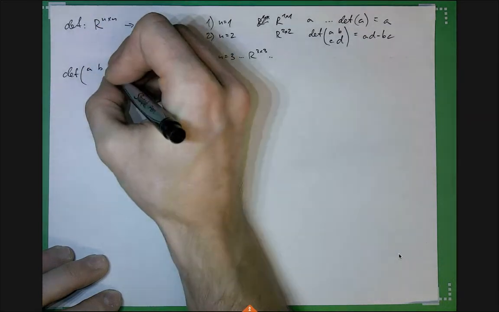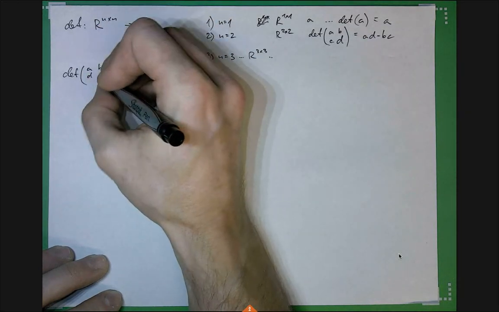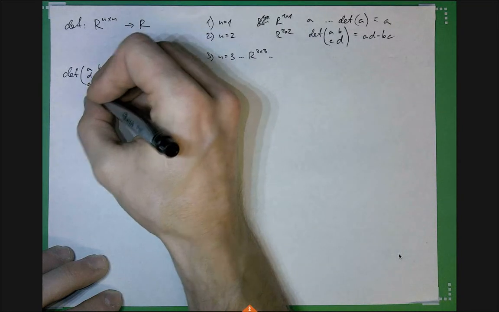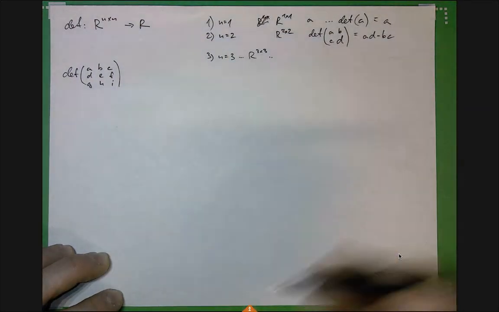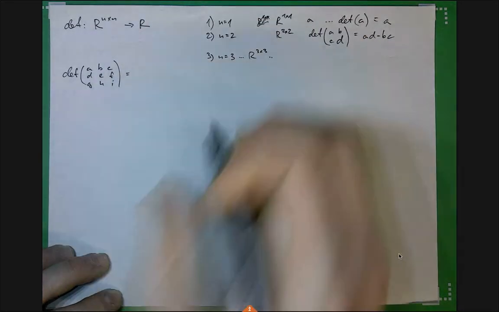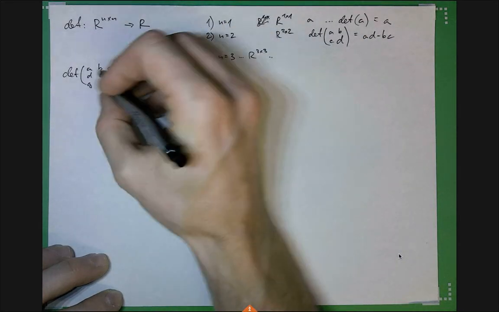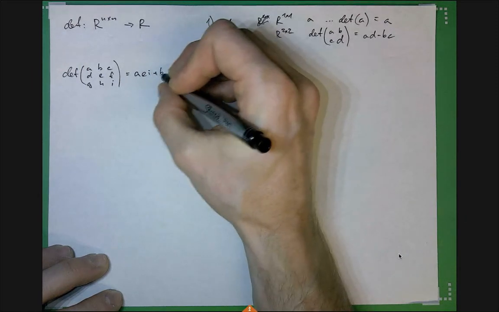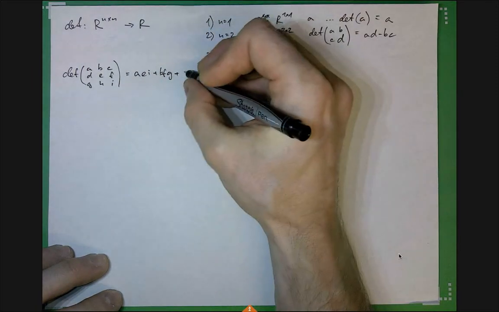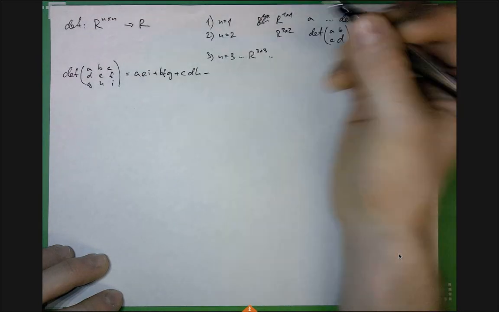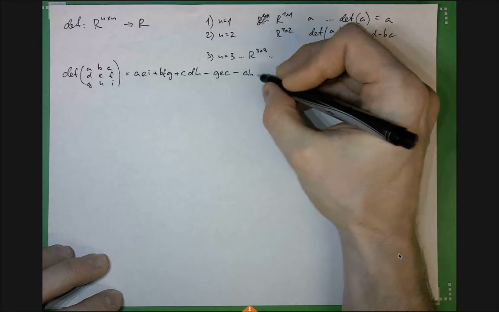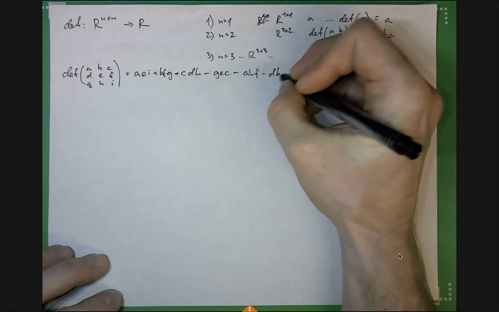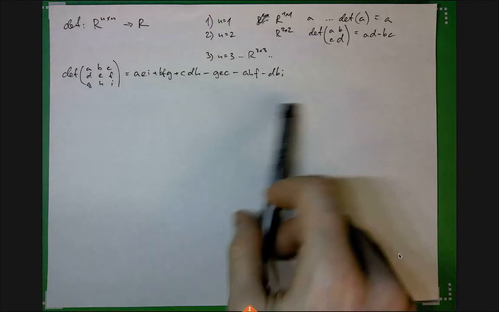I have a matrix with numbers A, B, C, D, E, F, G, H, I. Please don't confuse this I with a complex number. It has nothing to do with complex numbers, it's just the standard letter. So the determinant of a 3 by 3 matrix, I'll write it down for you, is A times E times I plus B, F, G plus C, D, H minus G, E, C minus A, H, F minus D, B, I. Now don't worry, you don't have to memorize this formula.